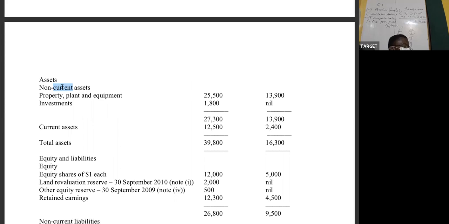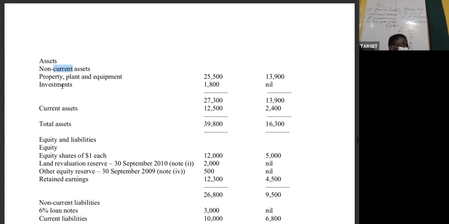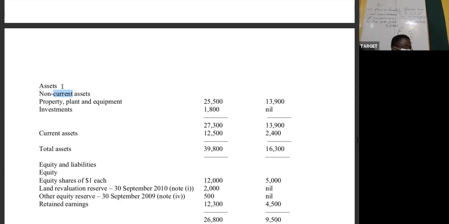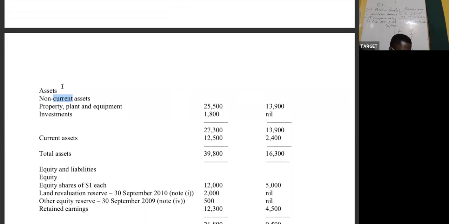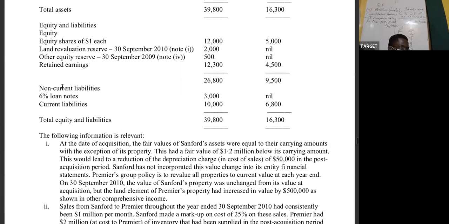That is where we assume that all profit or loss items accrued evenly throughout the year. So even though it is just 4 months, we must take the full year.